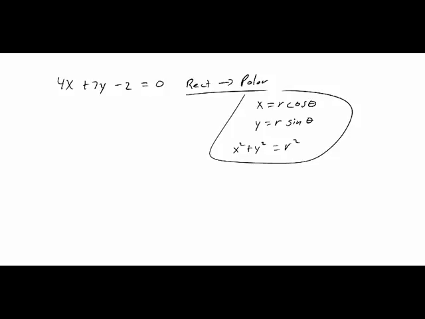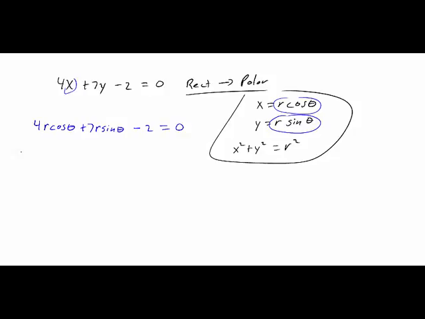So here we're just going to substitute in. In place of x we could substitute in r cosine, so we would have 4r cosine of theta plus 7 times y, which happens to be r sine of theta, and then we simply have minus 2 equals 0.